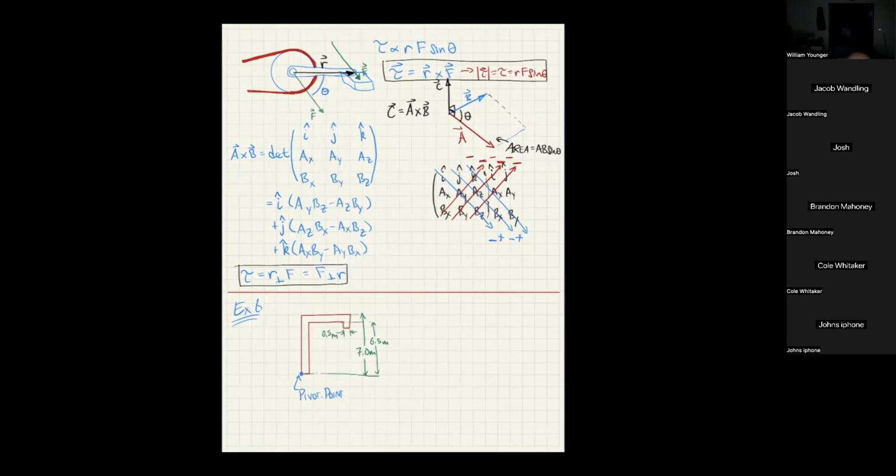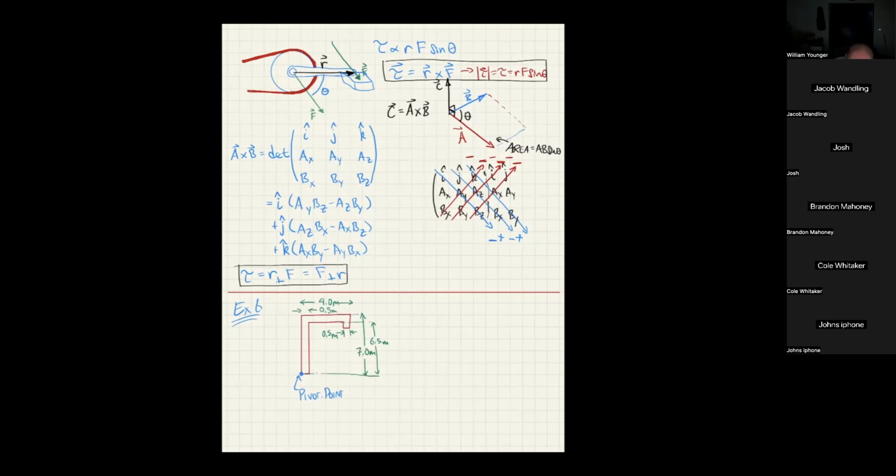I'm also going to say that this dimension from here to here is going to be, let's say, 4.0 meters. And let's say this dimension right here is 0.5 meters. And I think we can pretty much figure out everything from that standpoint.